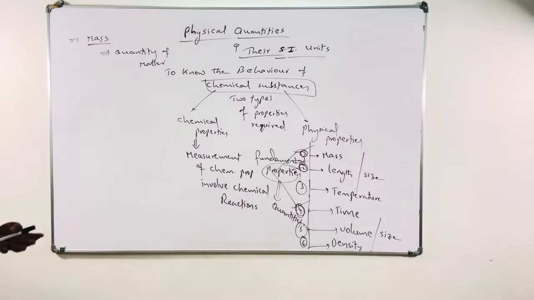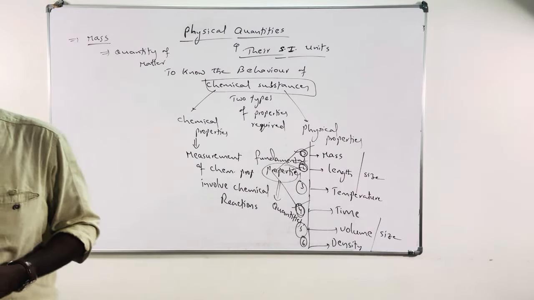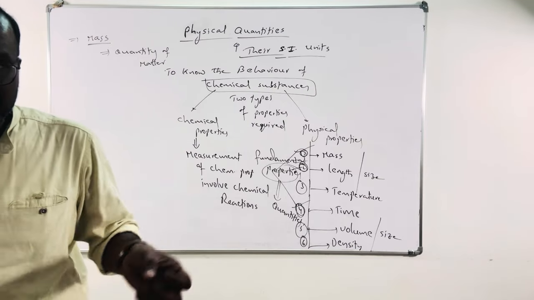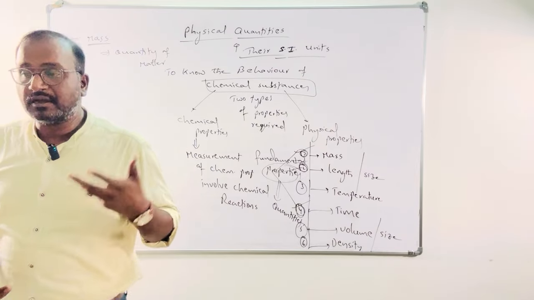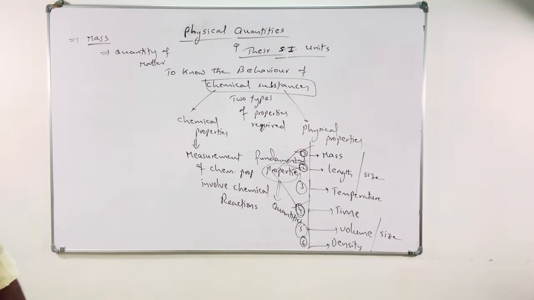It will be determined by using an analytical balance. Analytical balance means weighing, in kilogram, gram, milligram, like that. So those are the units, and mass is one of the properties.